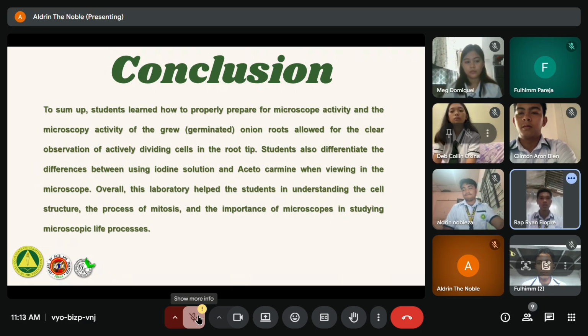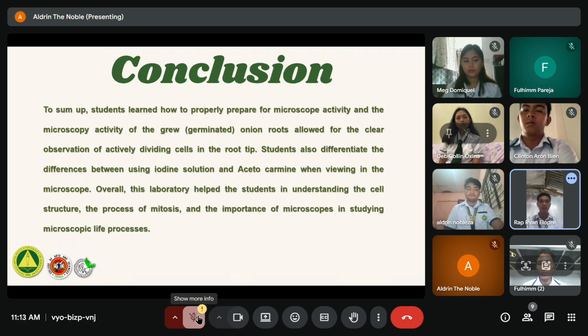Conclusion. To sum up, students learned how to properly prepare for a microscope activity, and growing germinated onion roots allowed for clear observation of actively dividing cells in the root tip.